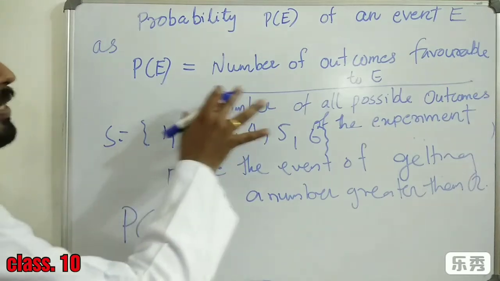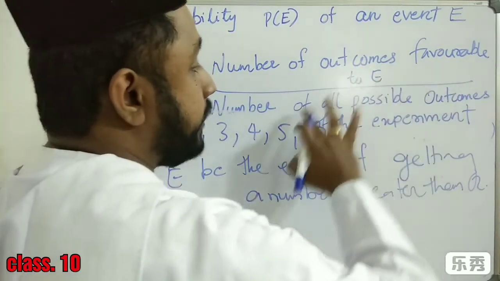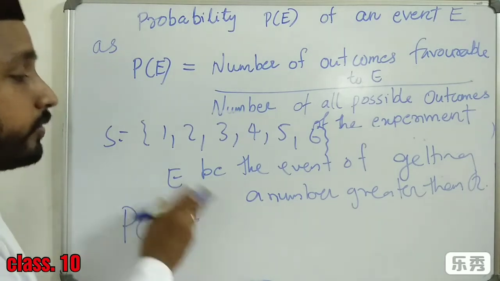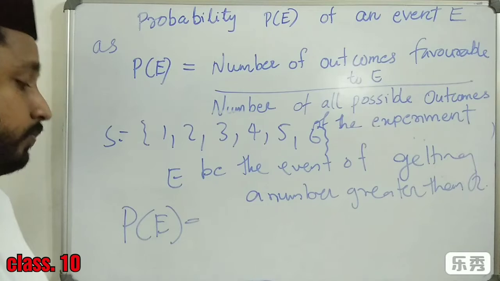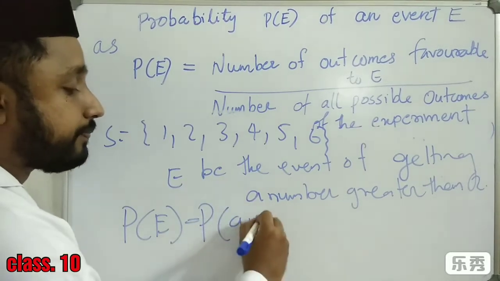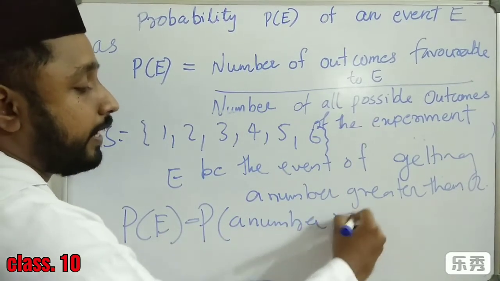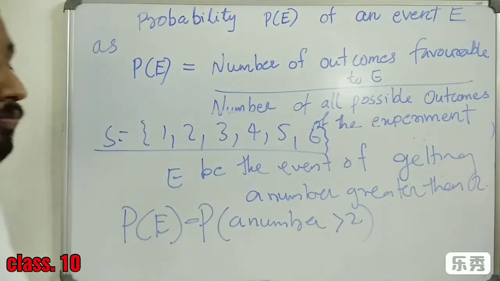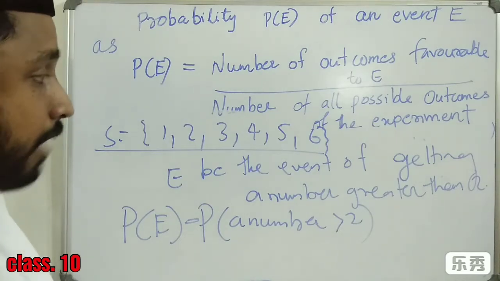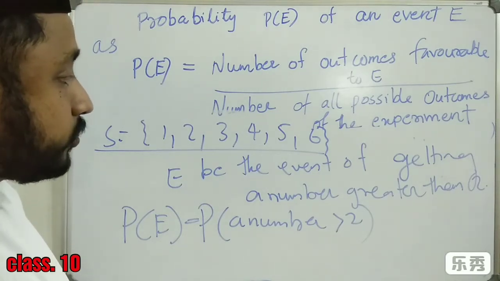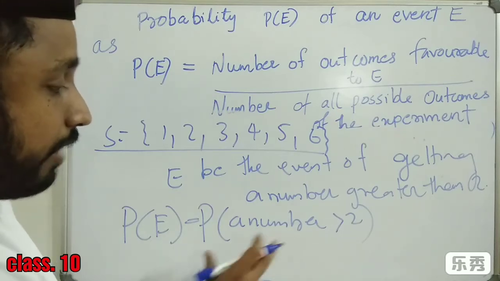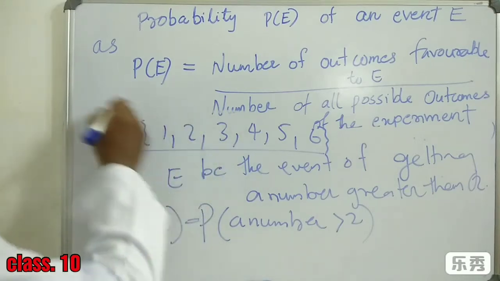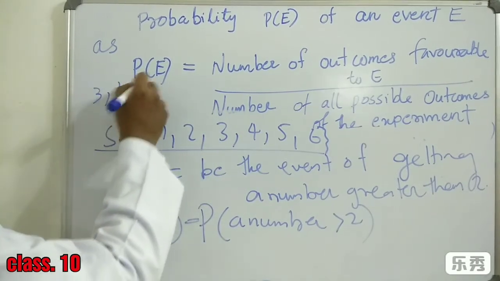Our formula is the number of outcomes favorable to E divided by the number of all possible outcomes of the experiment. Our question is the probability of getting a number greater than 2. Our sample space is 1, 2, 3, 4, 5, 6. A number greater than 2 means 3, 4, 5, 6.